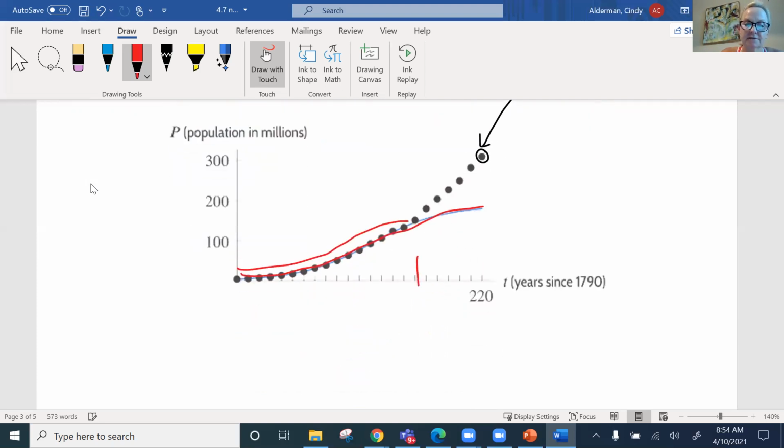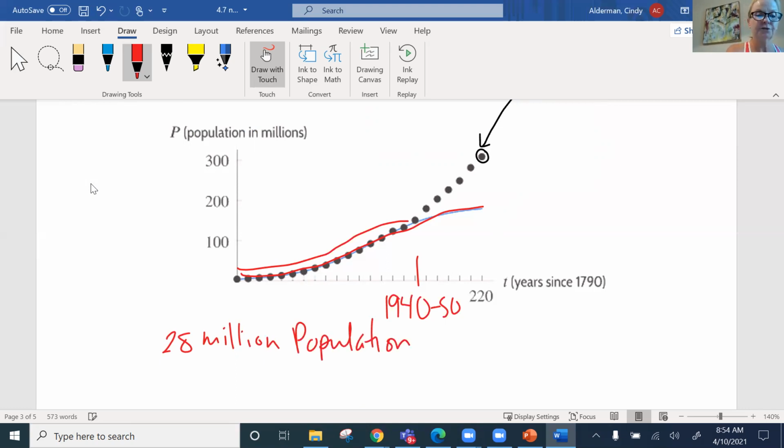Well, if you look at this point in time, this would be about 1940, or 50, around that time. And what happened in the 1950s is there was a 28 million population surge.